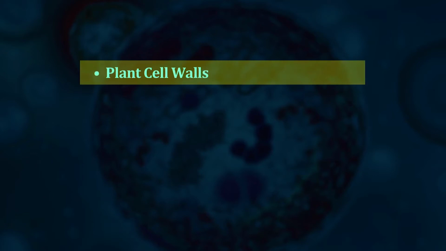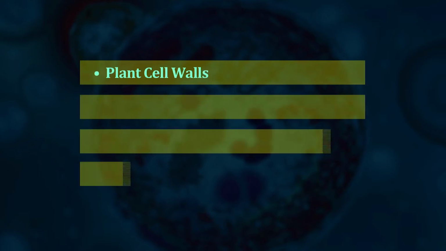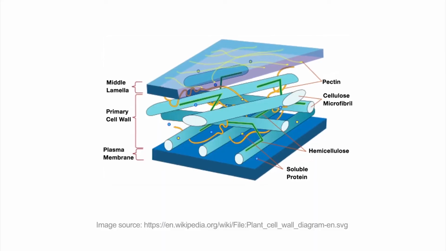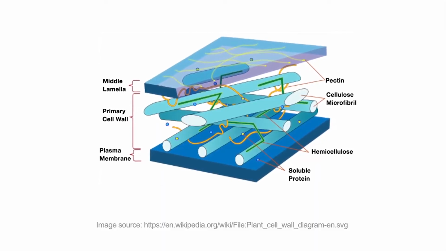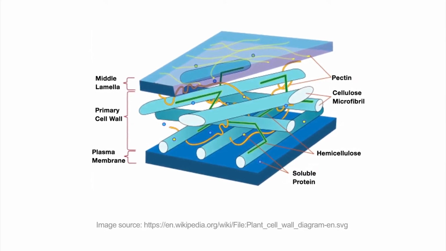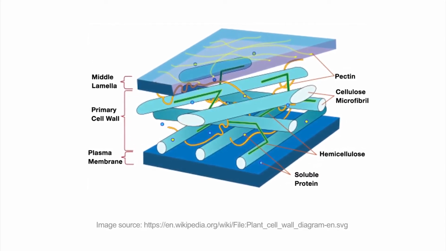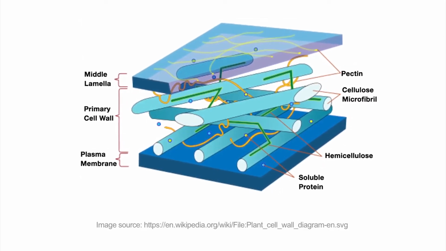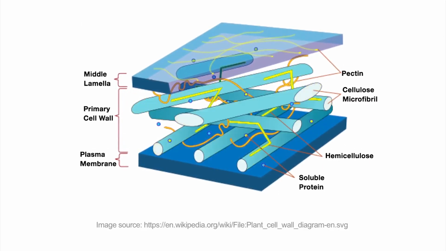Plant cell walls are generally made up of 3 strata or layers. The first one is the primary cell wall. It is a thin, flexible and extensible layer formed when the cell is still growing, and this layer is generally made up of mostly carbohydrates such as cellulose, hemicellulose and pectin.